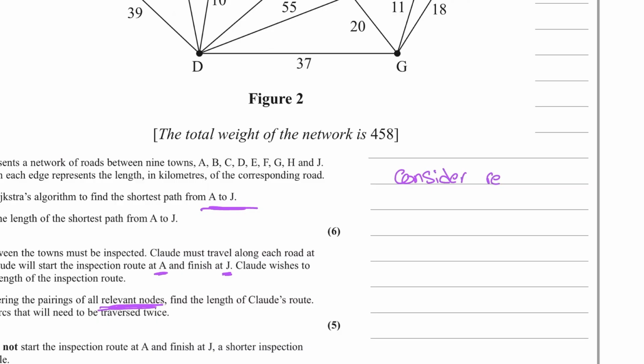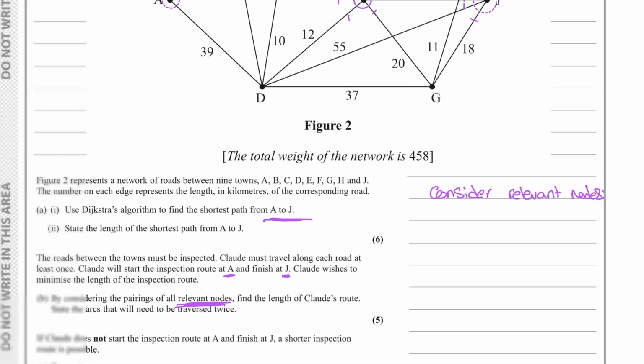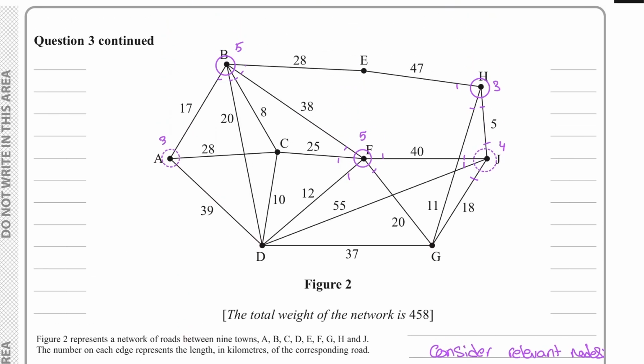the relevant nodes. And most people are going to think the relevant nodes here are going to be A, B, F, and H, which is completely wrong. We do not want to consider A since A is not relevant. The only reason we're not taking A is because we are starting at A and it's already odd, so we want to leave that alone. But since we are ending at J, which is originally even, we want to force it to behave like an odd vertex for the matching step.